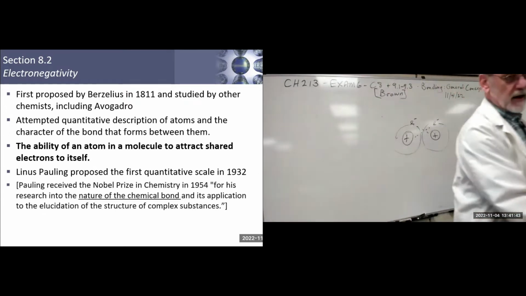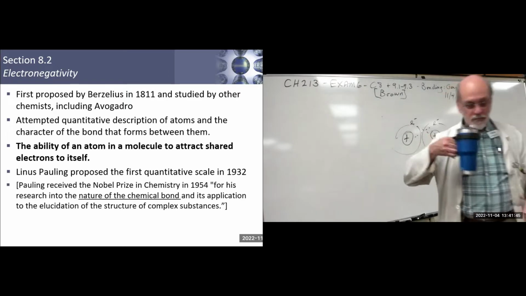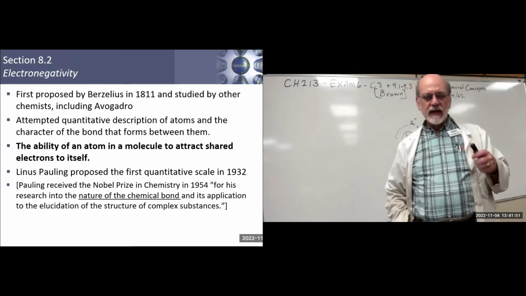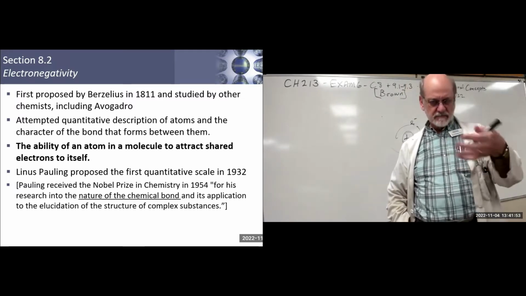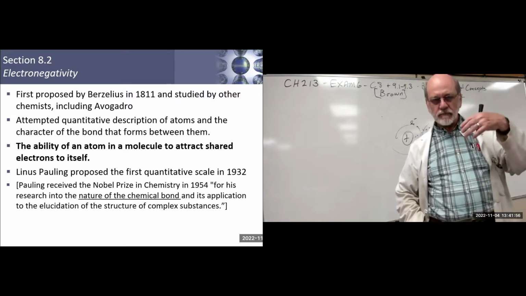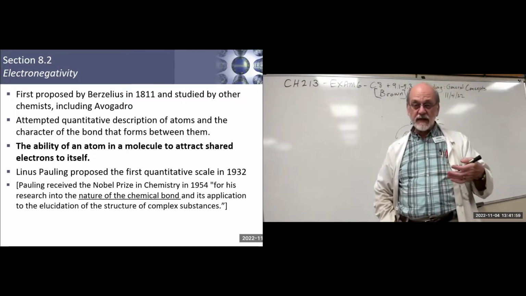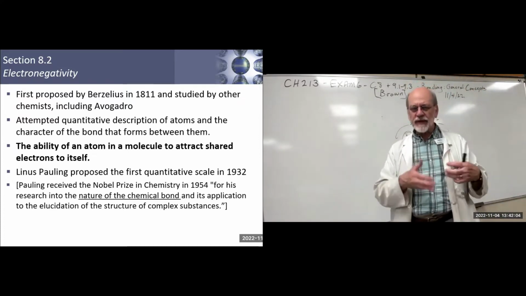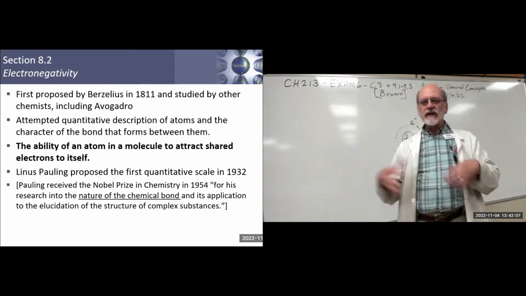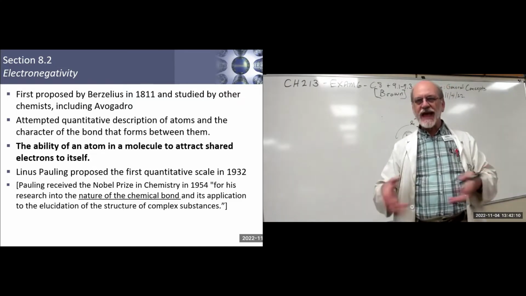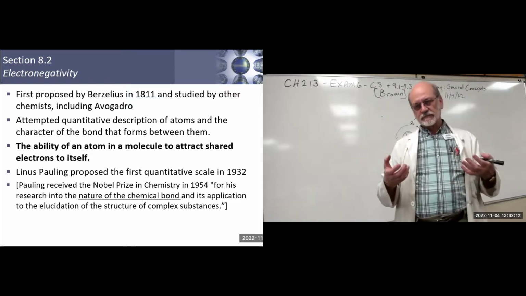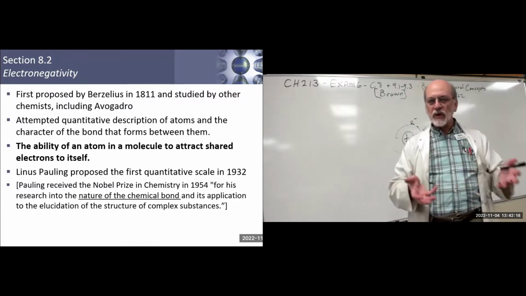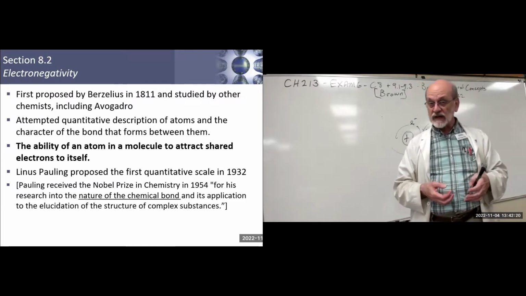Now, while we're here, talking about Linus Pauling, he didn't receive a Nobel Prize for just this scale of electronegativity. Actually, he's one of the few scientists who come along periodically, and they take all the information that other scientists have gathered and produced and synthesizes it into a coherent story. He wrote a book called The Nature of the Chemical Bond.